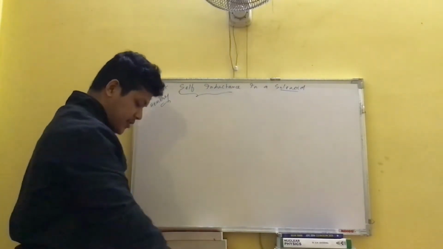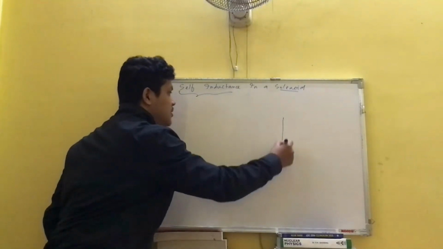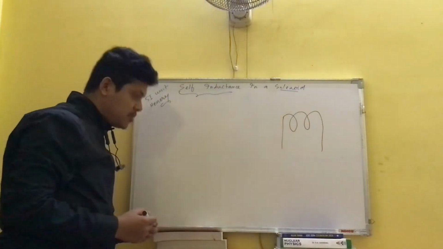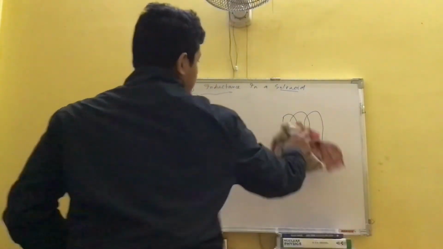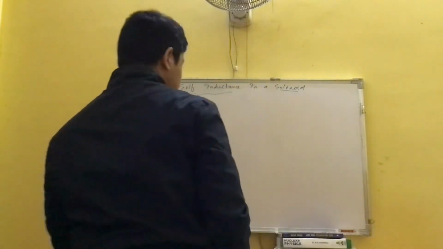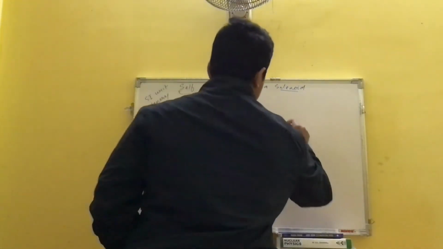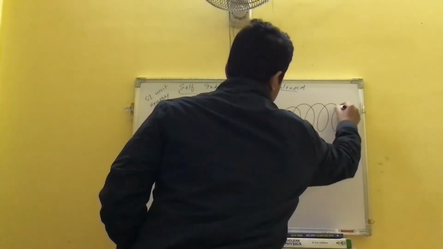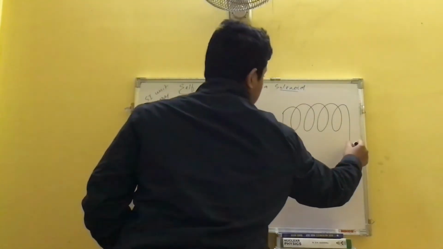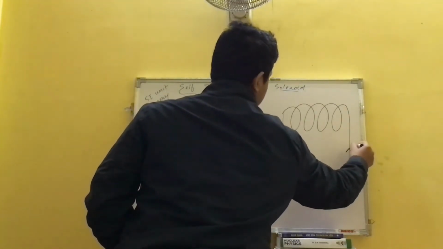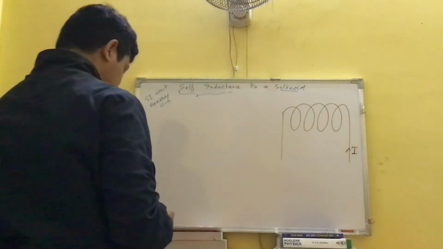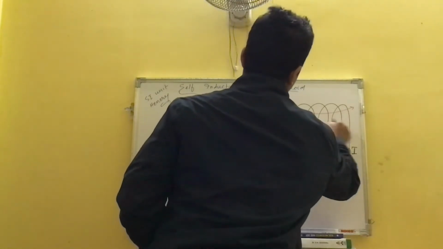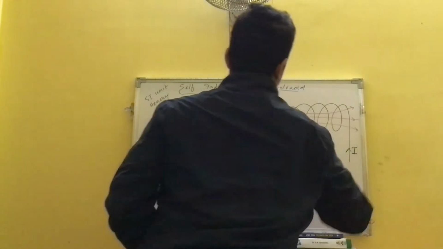Suppose we have a solenoid. This is a solenoid. Let me draw it properly. And this is the electric current, and that's why there will definitely be a magnetic field and so magnetic flux, right?